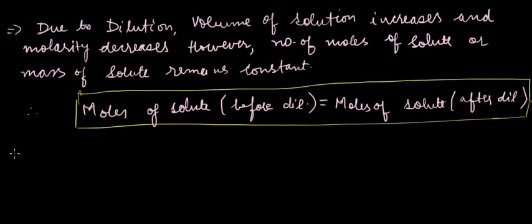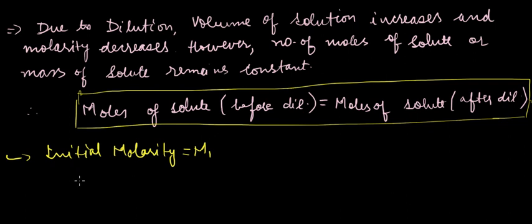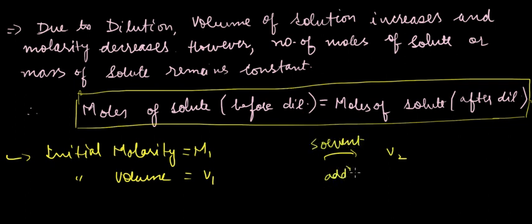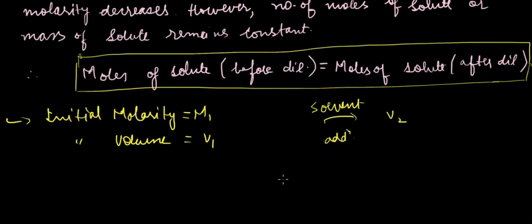Let's say the initial molarity is M1 and initial volume is V1, and after the addition of solvent, the final volume becomes V2. Then obviously M1 V1 equals M2 V2.